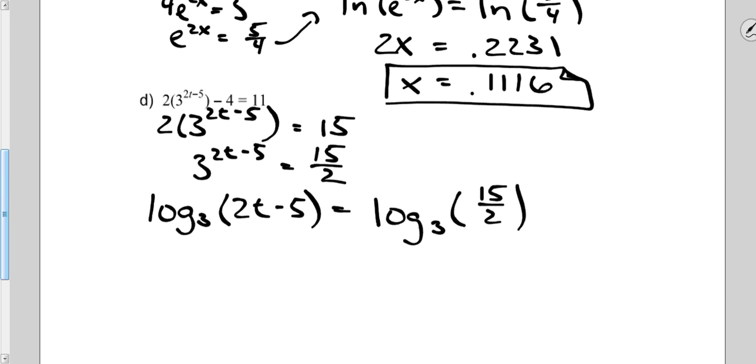Let's do a neat little exercise. Can we apply the quotient property here? Yeah. How would I? Log base 3 of 15. Oh, I'm sorry. I screwed up. Who sees my screw up?